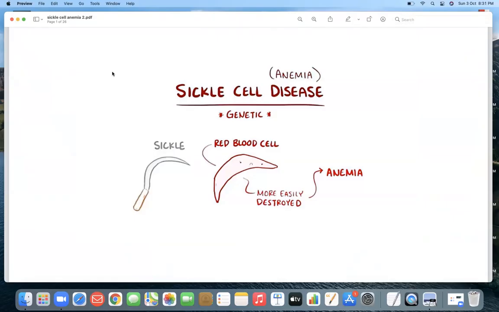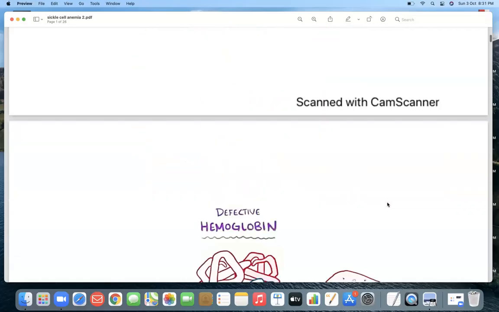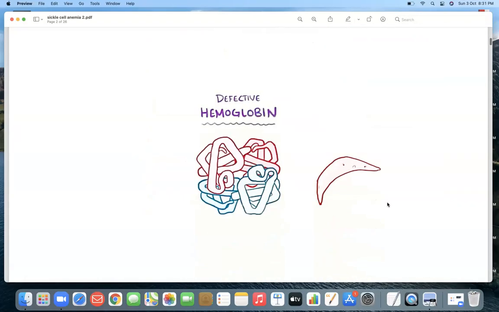Okay. So here, as we know, sickle cell anemia is a genetic disorder, and the problem is that the red cells will take the shape of a sickle. Because they take the shape of a sickle, they are more easily destroyed and there will be anemia. This is the basic thing. Next, you will have a defective hemoglobin, which we call hemoglobin S, HbS.